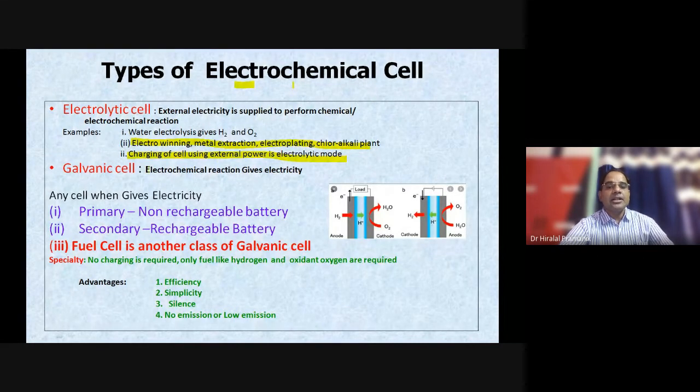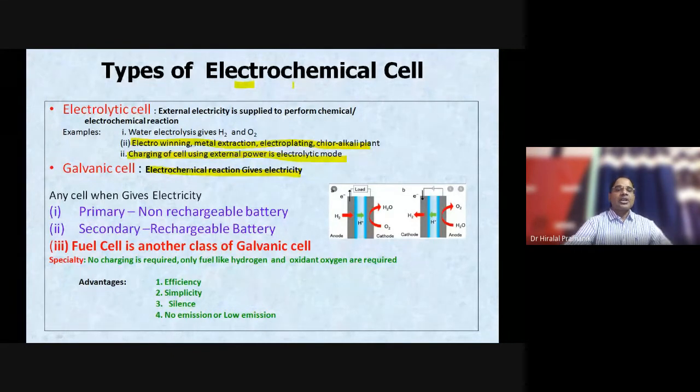In a galvanic cell, any sort of electrochemical reaction gives electricity. On the other side, in an electrolytic cell, you need to supply electricity to get the electrochemical reaction at the electrodes.